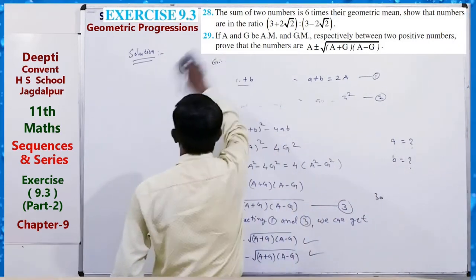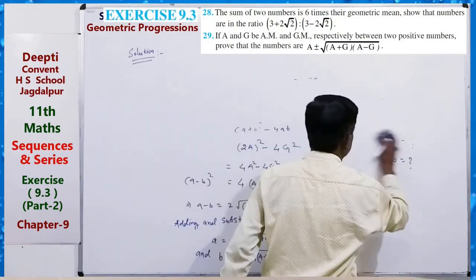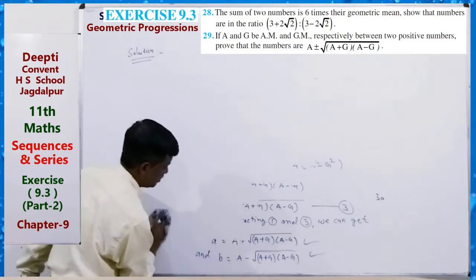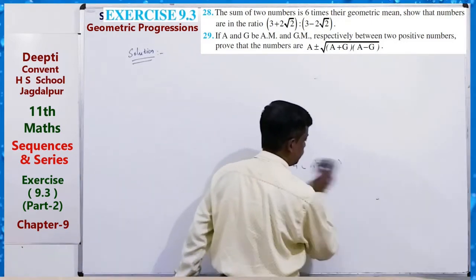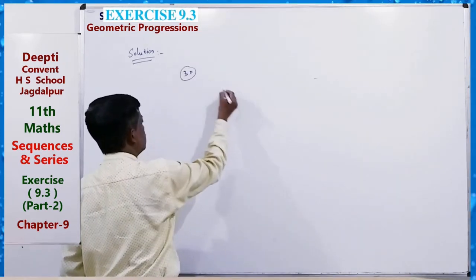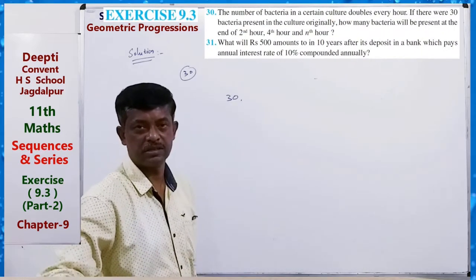I will give a simple hint here. How can you find the number of bacteria in second hour, fourth hour and nth hour? Here, starting 30, and every hour doubles.